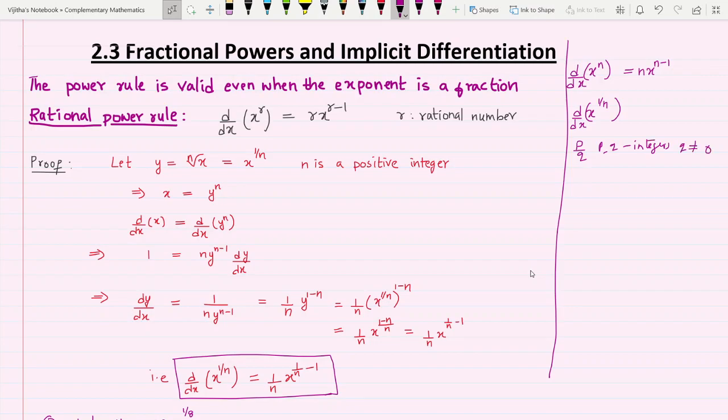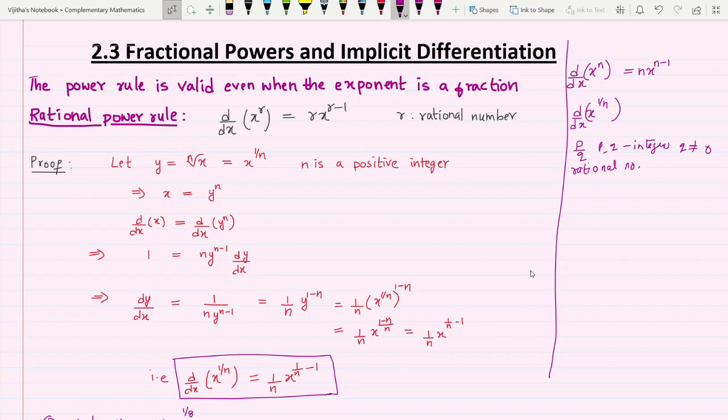Numbers of this form are called rational numbers. So the power rule is also valid if the power is a rational number. That we will prove first.